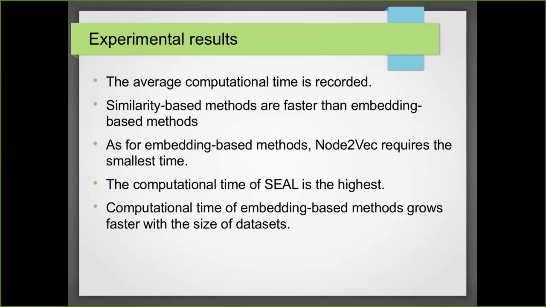And the computational time of SEAL is the highest, because it computes the latent features and node encoding of node features, and also utilizes the structural features. And overall, the computational time of embedding-based methods grows faster with the size of data sets, so they have less scalability.